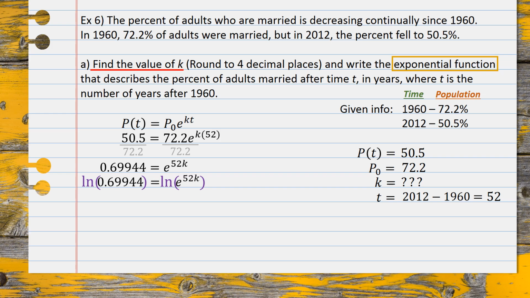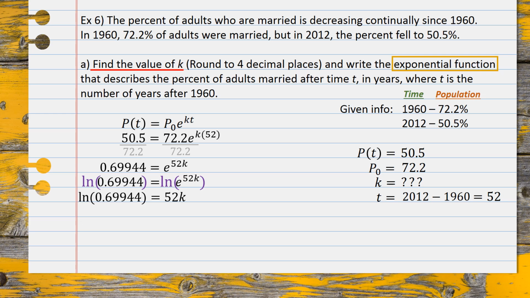So we have the natural log of 0.69944 equals the natural log of base e of e raised to the power of 52k. Now remember, natural log runs off of base e, and it's taking it of e, which means it reduces and leaves you with just the exponent.